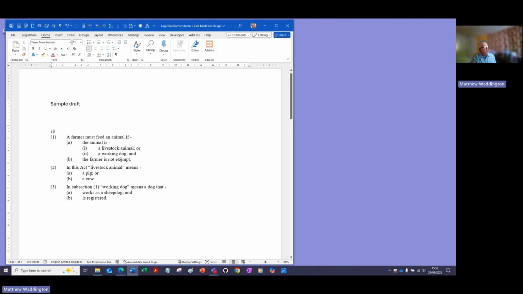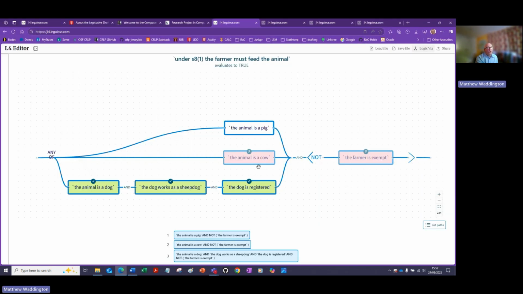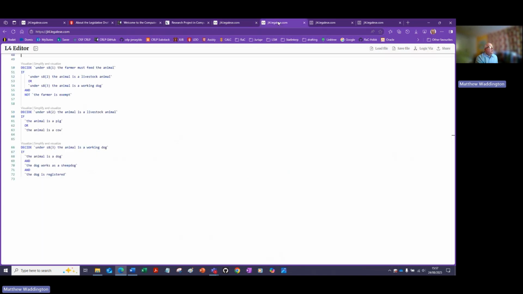We need to have a reasonably user-friendly way for drafters to get that into the L4 format, which is what feeds this visualizer. The L4 format is this. So it says decide under section 8.1, the farmer must feed the animal if under section 8.2, the animal is a livestock animal, or under section 8.3, the animal is a working dog, and not the farmer is exempt.